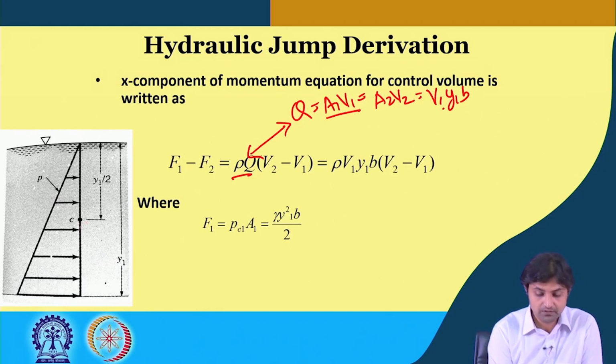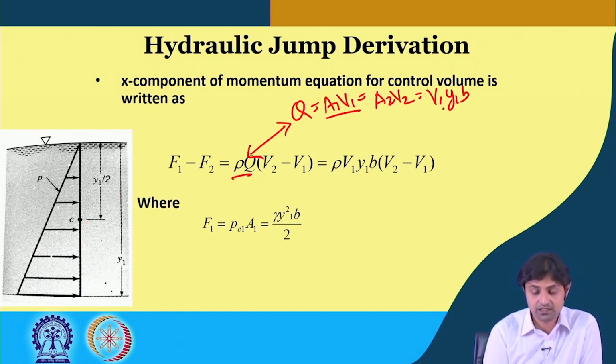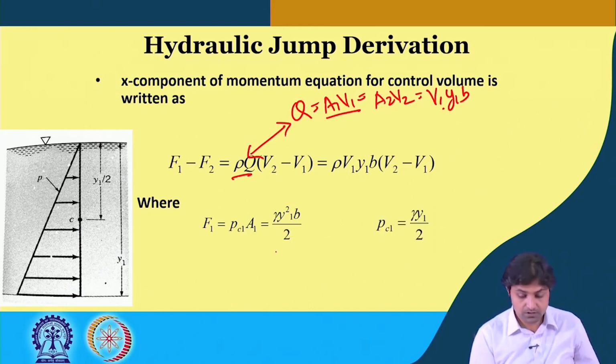You see here, half base into height. So, F1 will be gamma Y1 square B by 2, because pressure at C1 is gamma Y1 by 2.